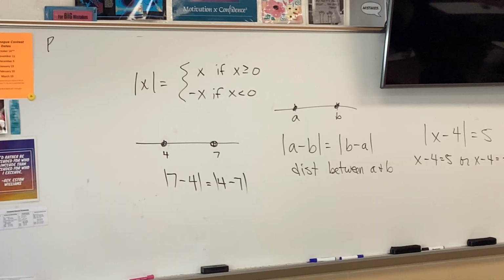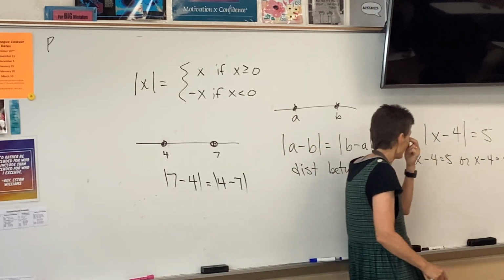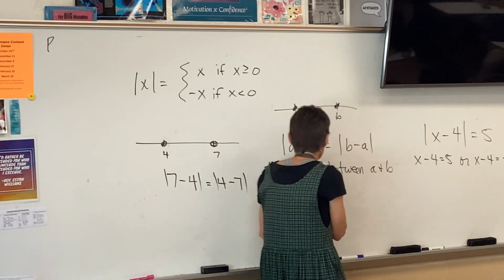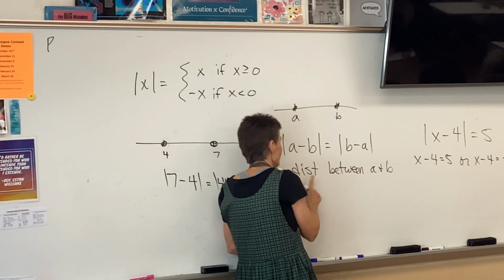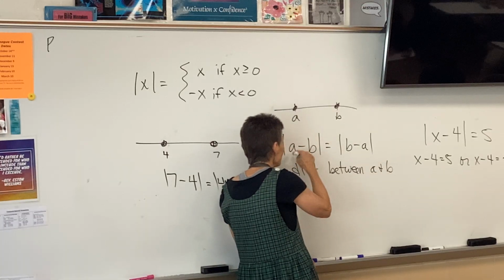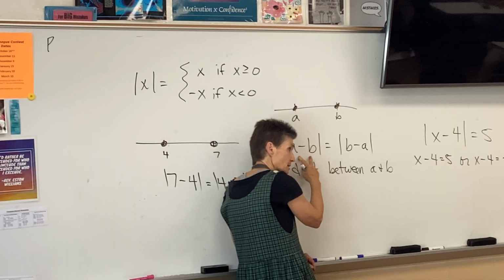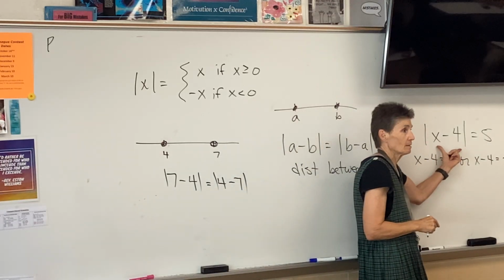So I'd like you to think about this just a slightly different way, right? You can always, by the way, on these hard problems, you can always use your definition too. But the distance between 2 numbers on the number line is the absolute value of their difference. What do I have right here?